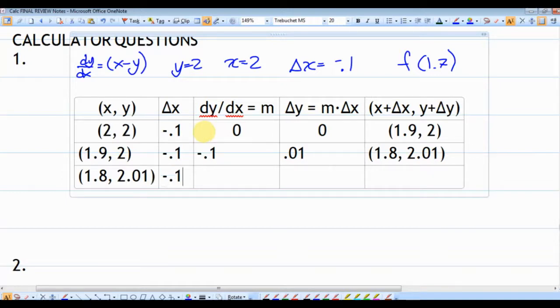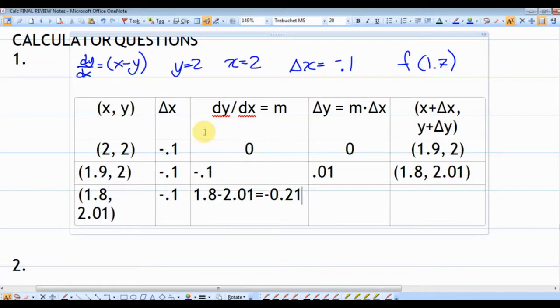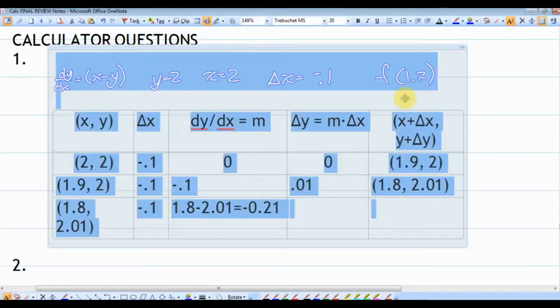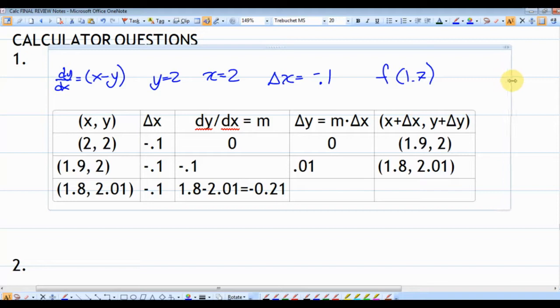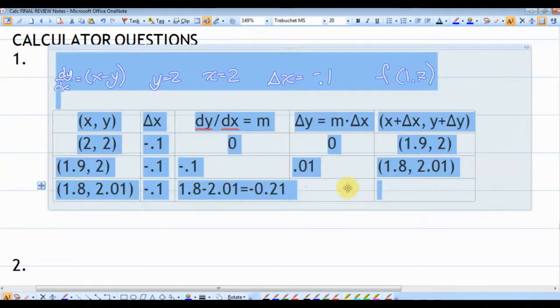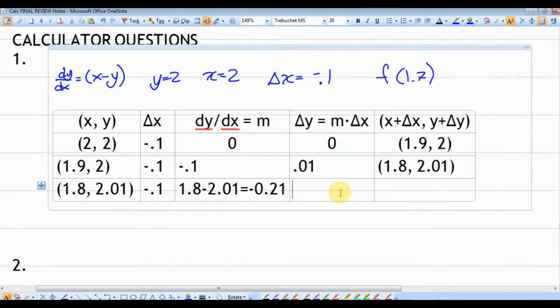Almost. One more. Okay, x minus y, 1.8 minus 2.01. It's a good thing we have a calculator. Negative 0.21. Okay, and what's next?